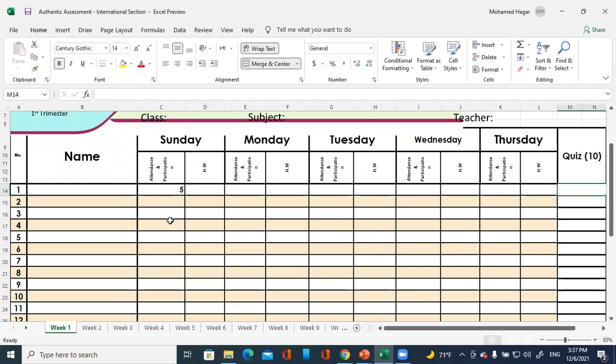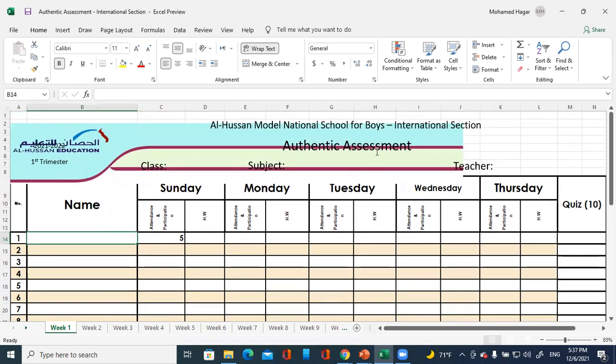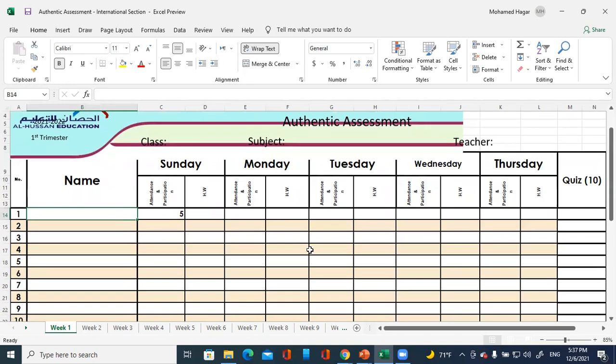So every week, I will fill in all the parts in front of your name, and I'm going to send this authentic assessment sheet to the social worker, Mr. Mishari. And if he finds there is no mark here for the homework, there is no mark for the homework.